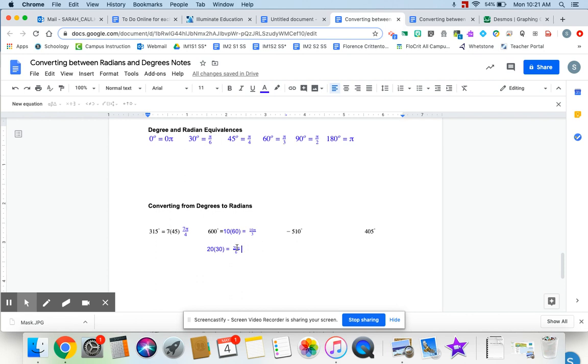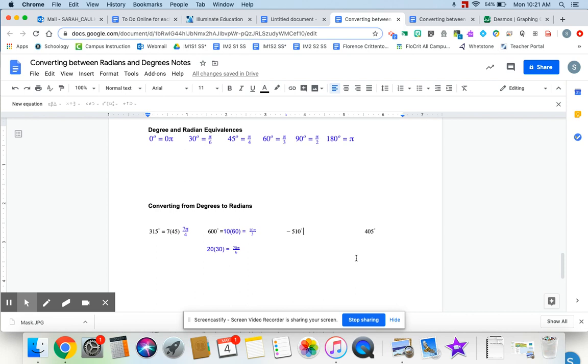If you divide 20 by 2, you get 10. If you divide 6 by 2, you get 3. So even if you do it this way, if you try to reduce your answer at the end, you're going to end up with still the right answer, the 10 pi over 3. So no matter what you do, always ask yourself, can I reduce this fraction? And remember, reducing means, is there a number I can divide into both the numbers, and then it will become smaller. Like 7 and 4, there's no number that divides 7 and 4. So that's the most reduced form of that fraction.